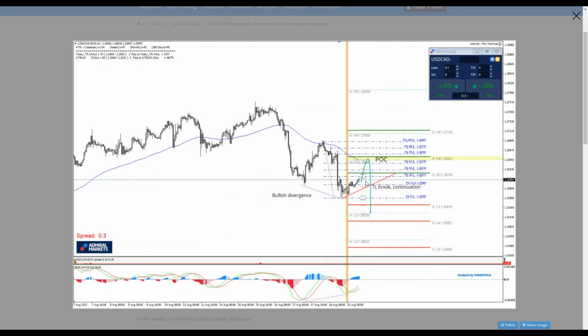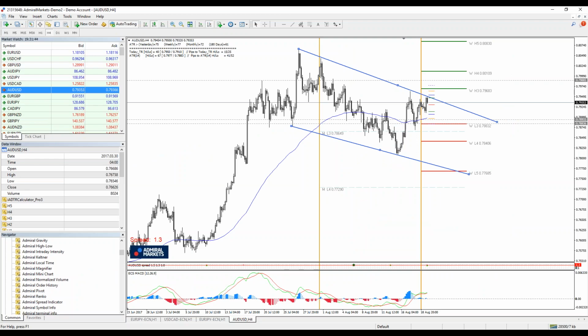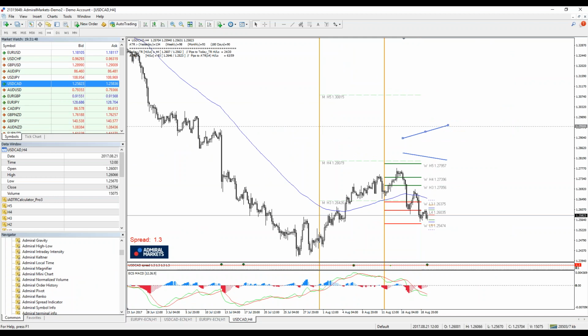So you see, this is downtrend, one swing, second swing, and the price already broke this trend line after I posted the analysis. So if you traded the break of trend line, you would have made nice pips, because dollar CAD broke below the trend line here.